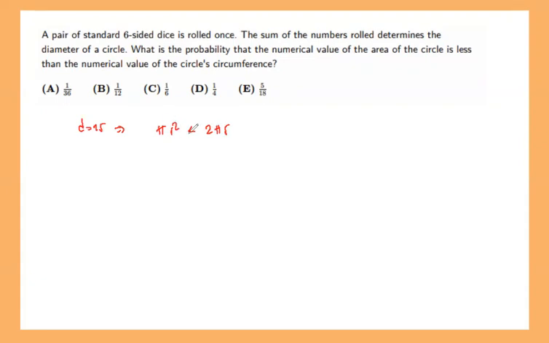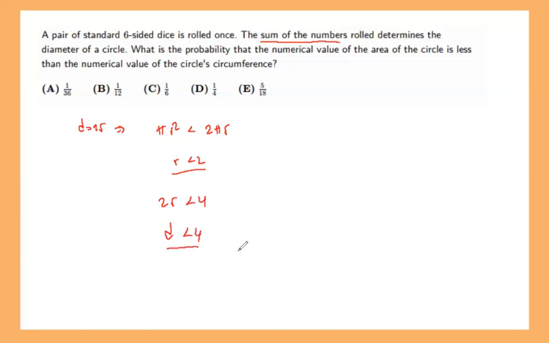Since r is positive, I can divide both sides by r and pi, and that would be r is less than 2. So r has to be less than 2, but make sure the diameter is just the sum of the numbers that we got. So if I double this, 2r is less than 4, which means the diameter is less than 4.